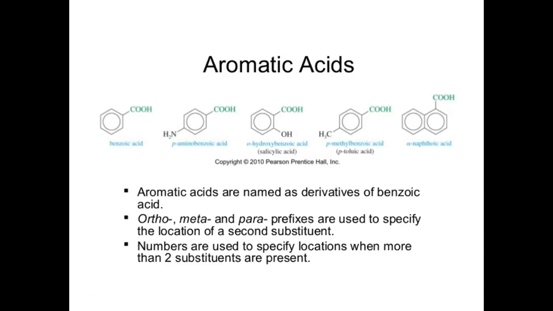So these aromatic acids are named as derivatives of benzoic acid. So we use the ortho, meta, or para prefix to specify the location of a second substituent. Okay, so numbers are used to specify location when more than two substituents are present.